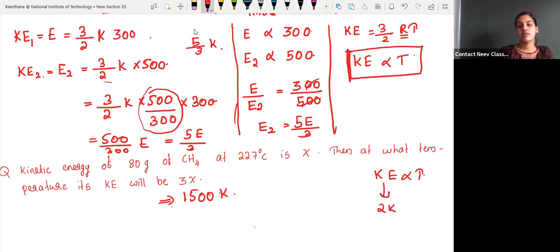If I'm doubling this, temperature will also double. If I'm tripling this, temperature should also triple. So here it is tripling, so the temperature should triple. It is 227 degrees Celsius, which is equal to 500 Kelvin.